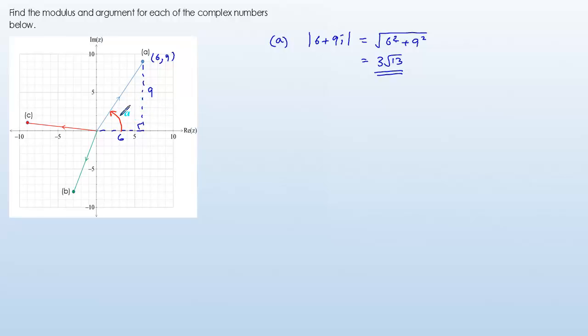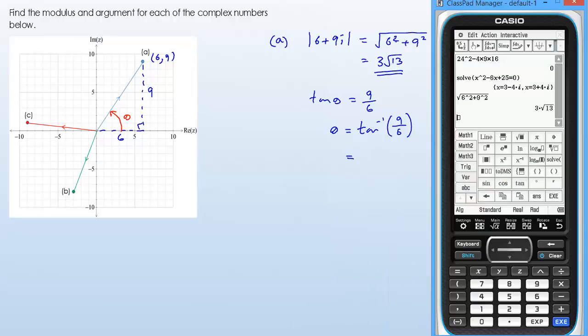So here we can just use trigonometry to work out this angle. If we call this angle theta, we can say that tan theta is 9 over 6. So theta is the inverse tangent of 9 over 6. And we can calculate that.